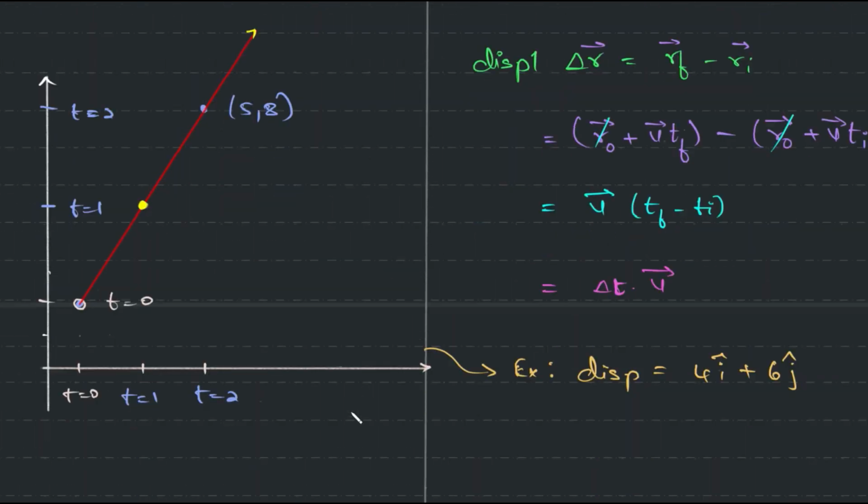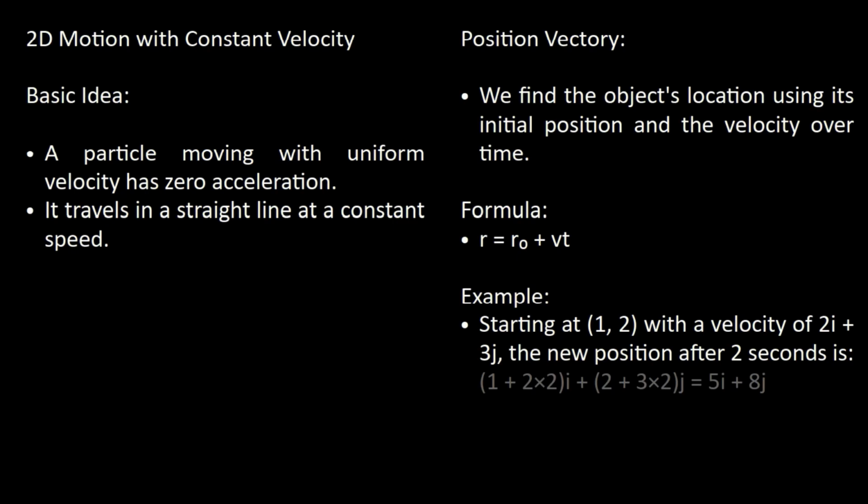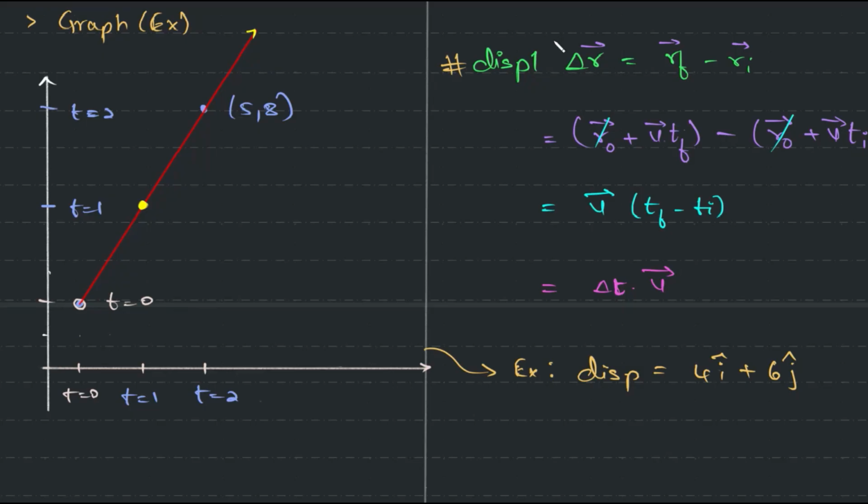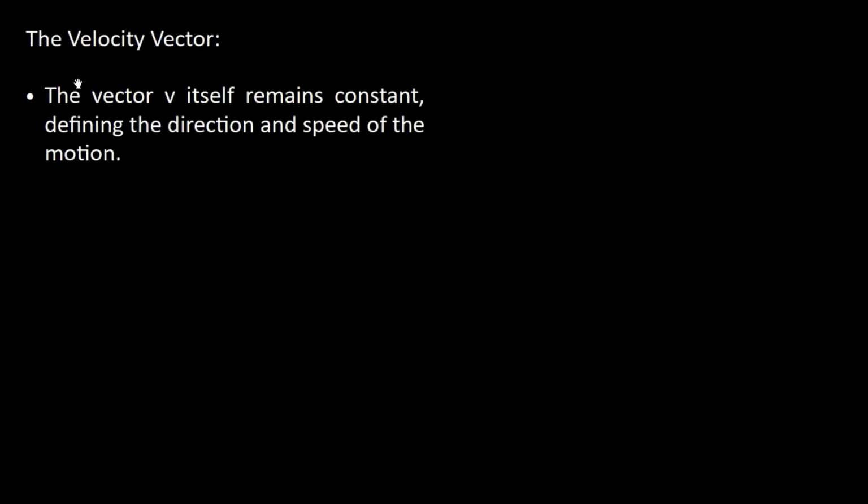And this is a related graph of that example. And this is the topic of displacement. After this, you have the topic of displacement. This is the write-up. And for me, I've taken this as the example itself. And finally, the velocity vector is just the expression 2i cap plus 3j cap. It is not accelerating, so nothing to discuss over here.